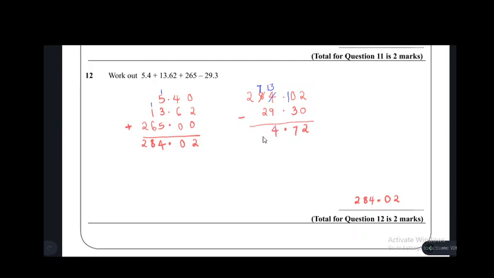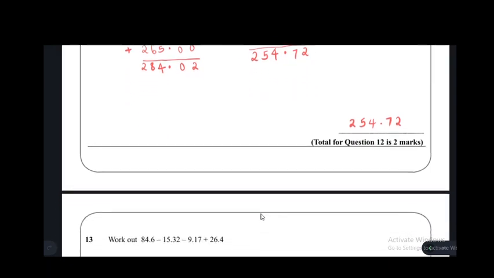Yes, 4 right there. Okay, so 7 take away 2 is 5, and then this is a 2. Okay, so that changes our answer, guys. Oh my gosh. So our answer is 254.72. Thank you for reminding me.